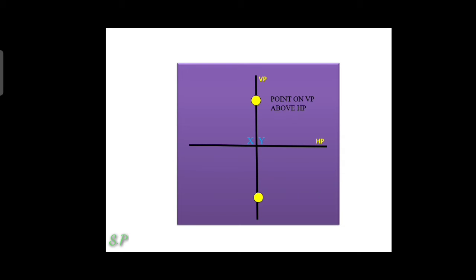The next point is on VP and below HP. I am locating a point on the XY reference line, so you can identify it as a point on HP and VP.